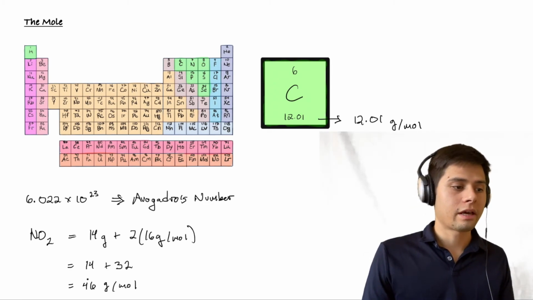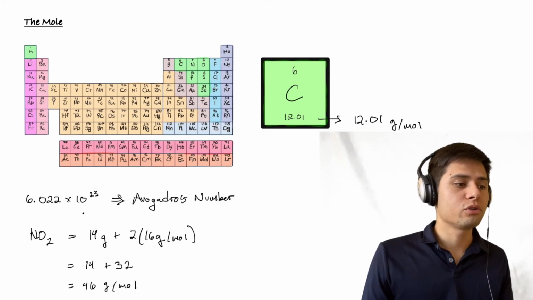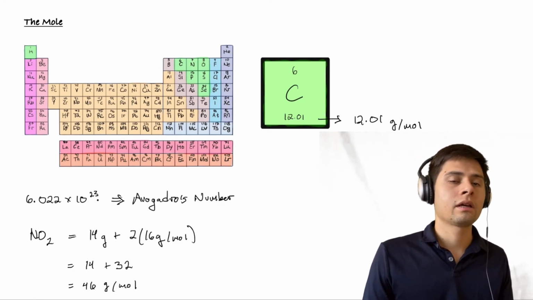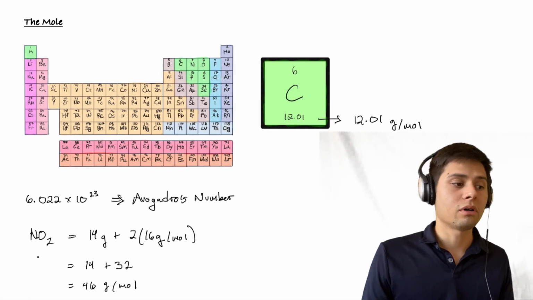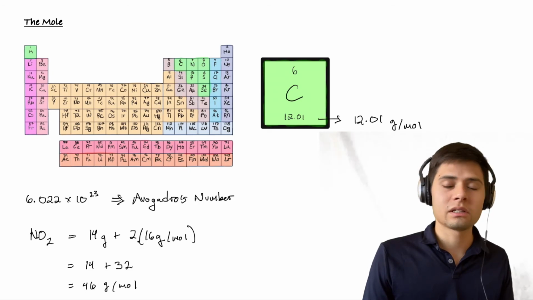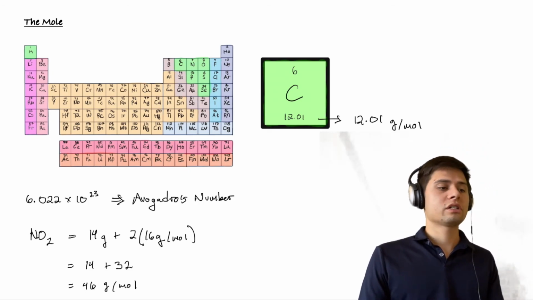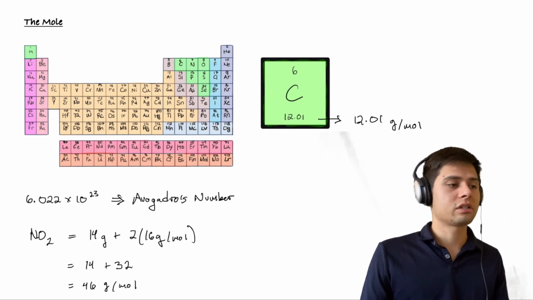That means if we have a mole, 6.022 times 10 to the 23 molecules of NO2, then we have roughly 46 grams of NO2. I approximated the 14 and the 16. There are some decimals in there. But that's the gist of Avogadro's number. That's the gist of the mole.